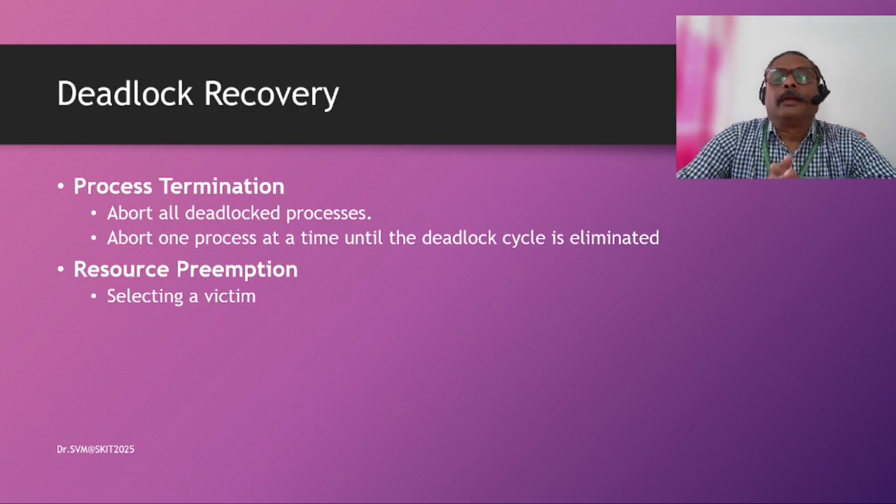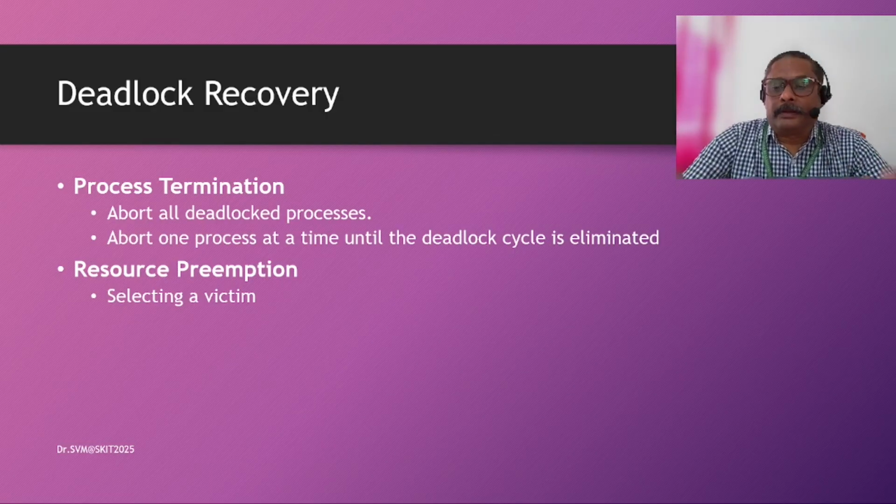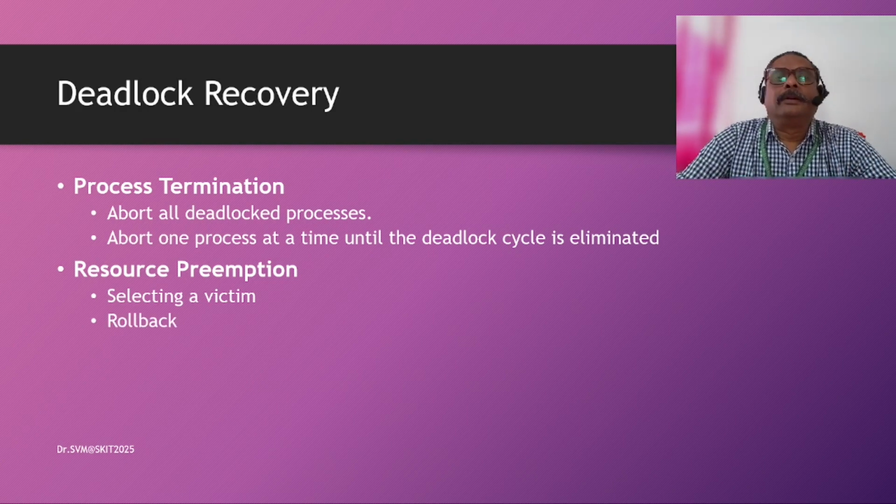That process will be selected, and the resource will be released forcibly by making it preemptive. So the issue is how to select. We have to decide on that, and once selected, the resource is forcibly released.